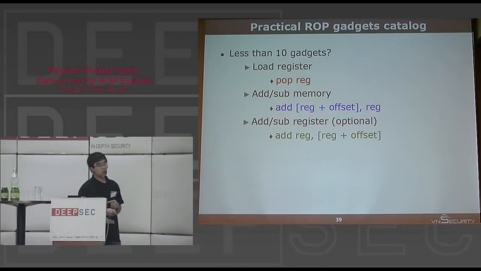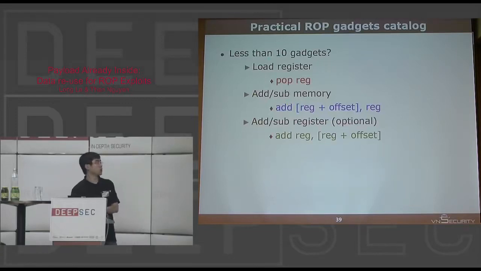So actually we need only a few gadgets. Basically we need one of the load register gadgets, and one of the add or sub memory gadgets, and this one is optional. It's not necessary, but if something like this is available, we can do much more.